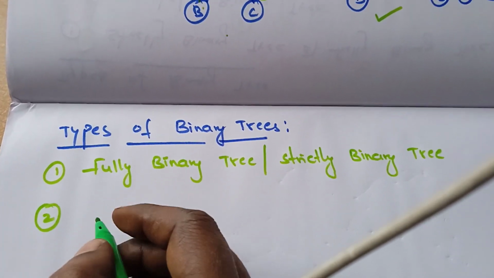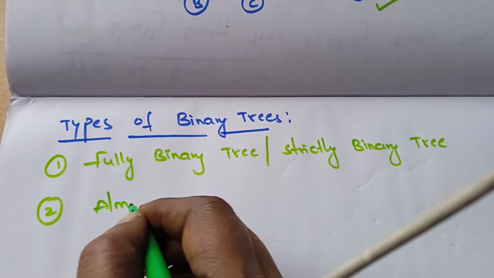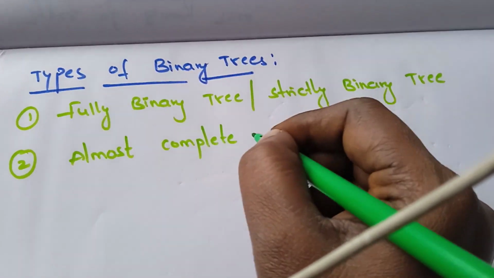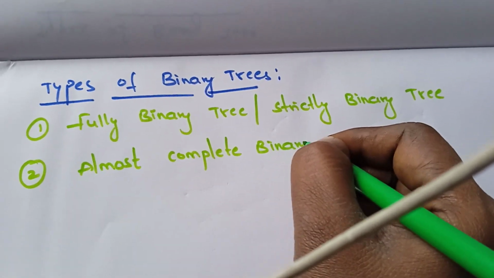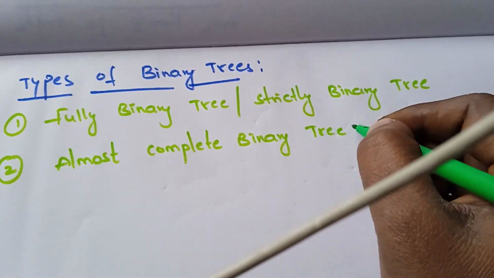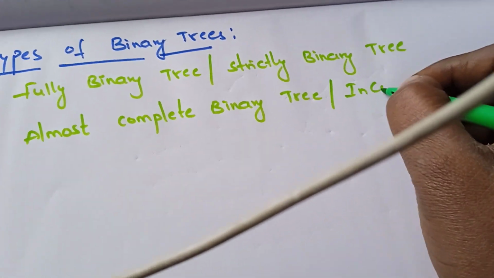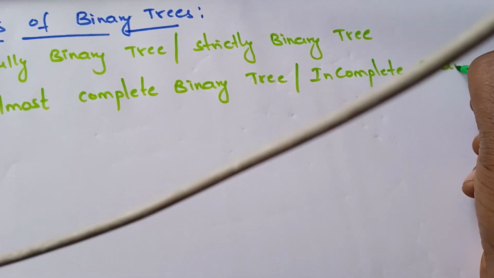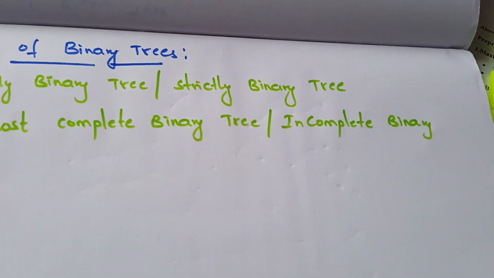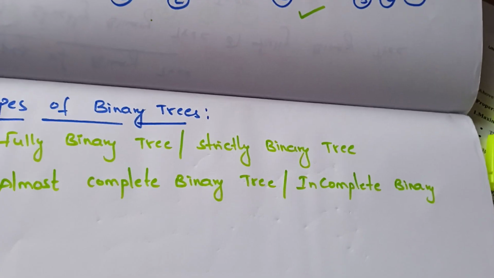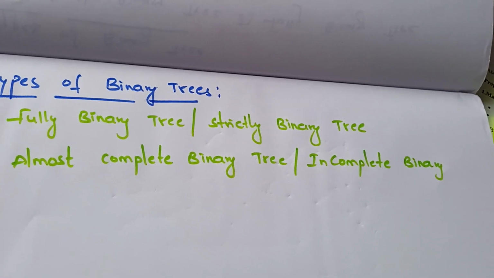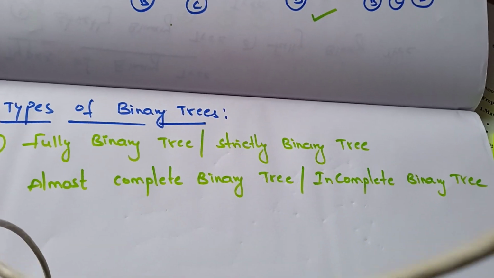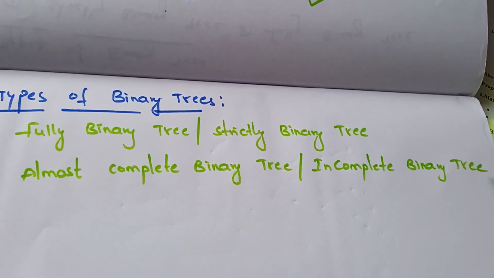The second is almost complete binary tree, or incomplete binary tree.